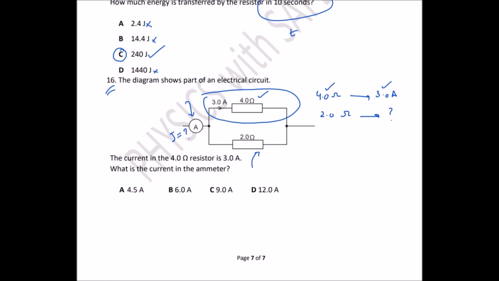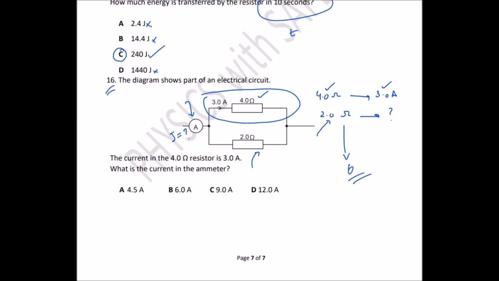Here you have 2 ohm, that is lower than 4 ohms. 4 ohms carries 3.0 amps and 2 ohms carries double this number, because look at the number, it's half of the 4, so it carries twice the current of the 4 ohm resistor, so it carries 6 ampere.